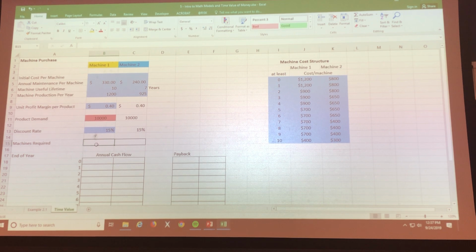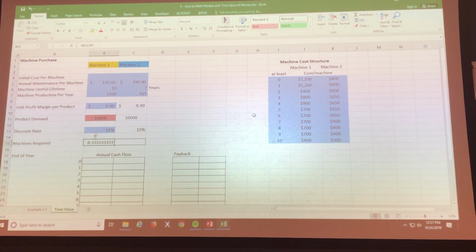Okay, so when I figure out how many machines, I take that 10,000, I divide it by what machine one, for instance, can make, 1,200 units annually. I need 10,000. That leaves me with needing to buy 8.3333 machines, which could be problematic because they may not want to sell us a third of a machine.